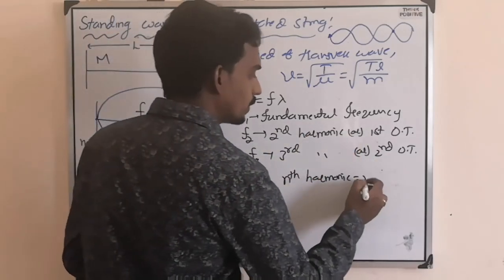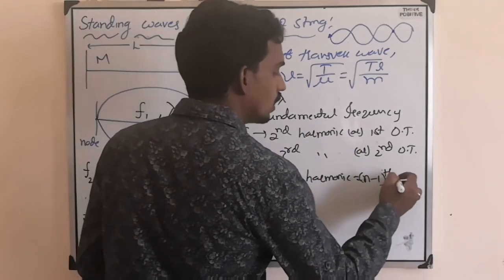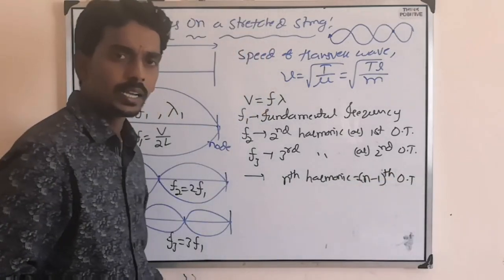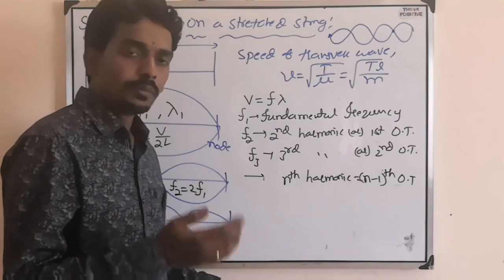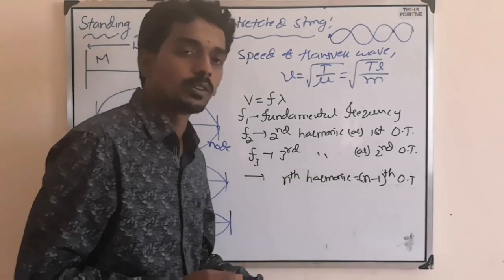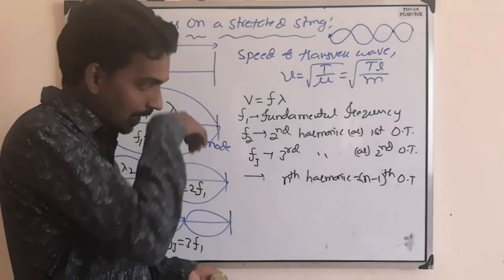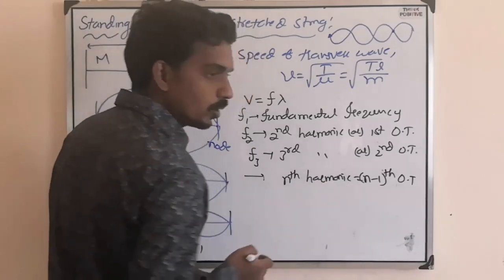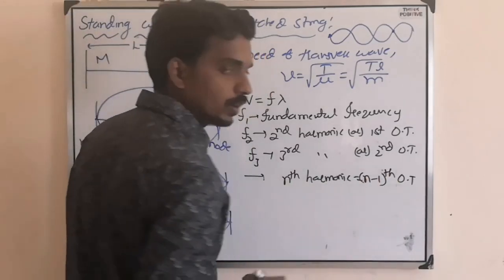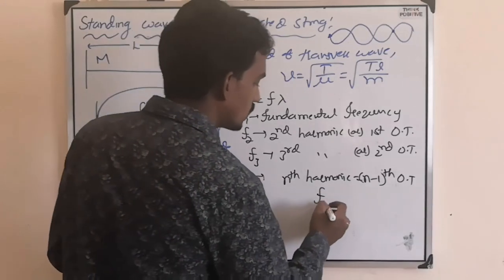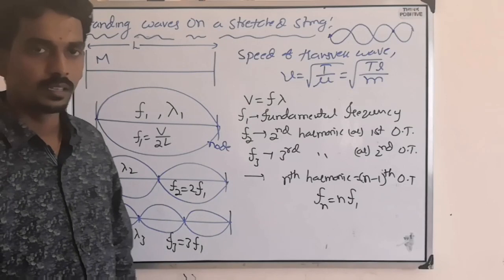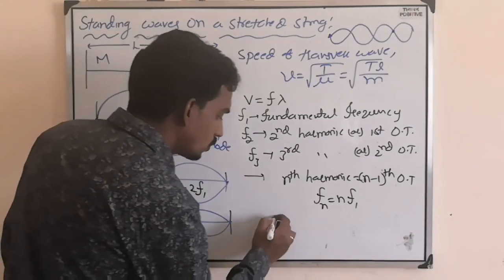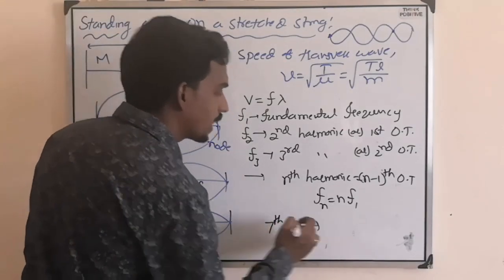So the nth harmonic means the (n minus 1)th overtone. 10th harmonic means 9th overtone, or 15th harmonic means 14th overtone, one less overtone. So the nth harmonic, or (n minus 1)th overtone, has a frequency of n times the fundamental frequency.